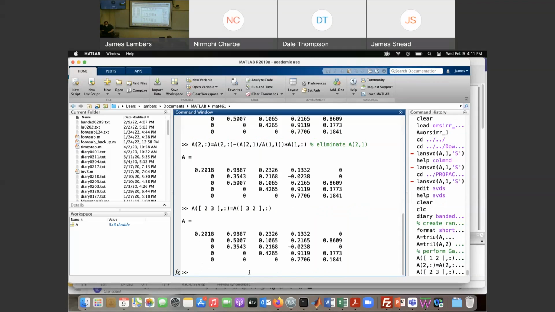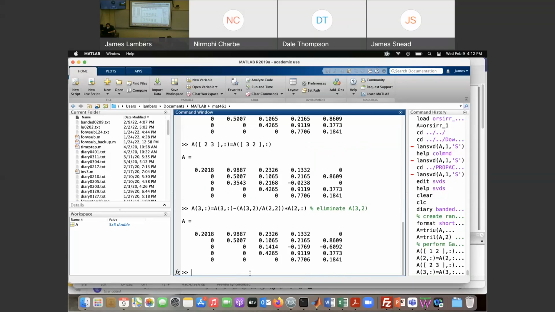And then I carry out the row operation to eliminate a 3, 2. So row 3 is equal to itself minus a 3, 2 divided by a 2, 2, times row 2. So we're working our way towards upper triangularity.